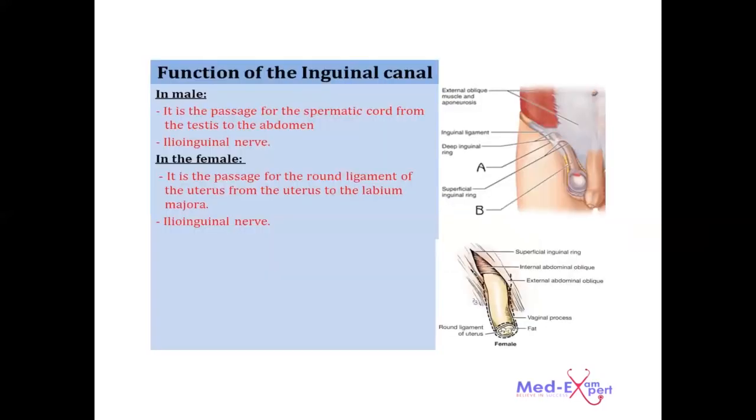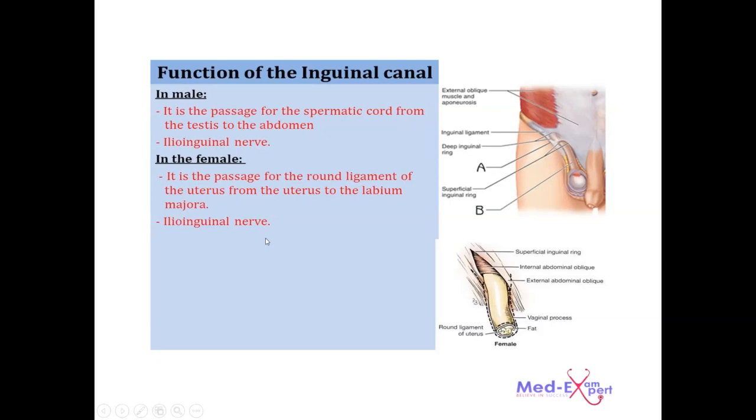What is the function of the inguinal canal? In males, it is the passage for the spermatic cord from the testis to the abdomen, from outside to inside, plus the ilioinguinal nerve. In females, it is the passage for the round ligament of the uterus from the uterus to the labia majora, from inside to outside, plus the ilioinguinal nerve.